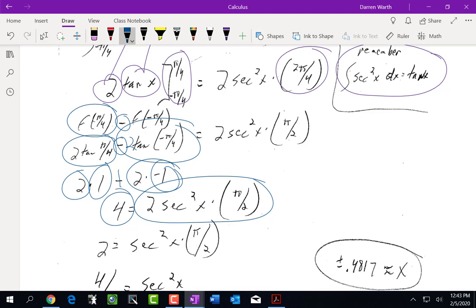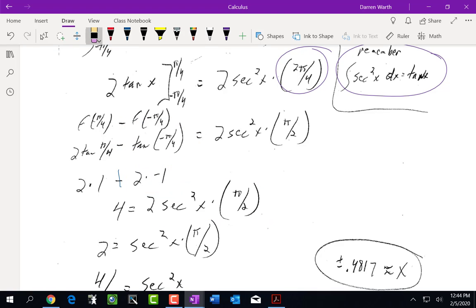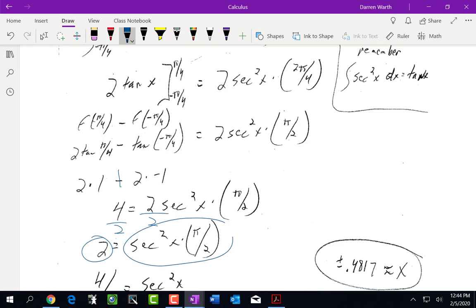The first thing I do is divide both sides by 2, just solving it algebraically. That leaves me with 2 equals secant squared of x times pi over 2.